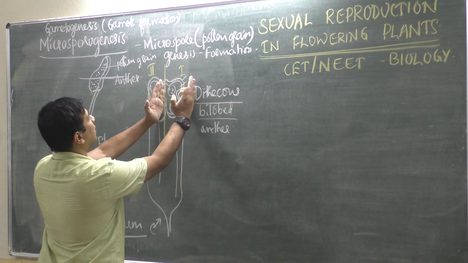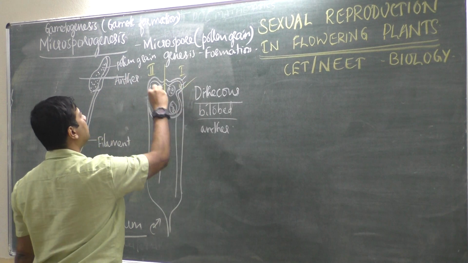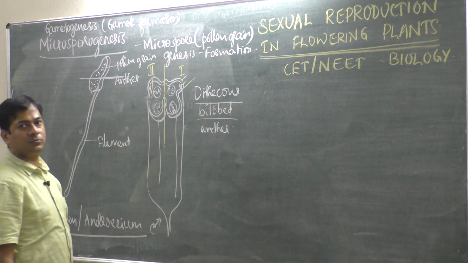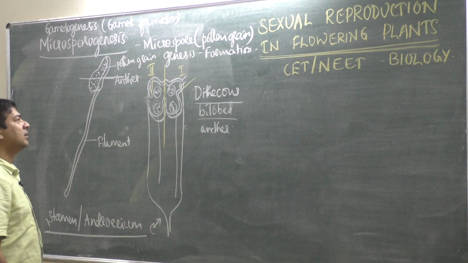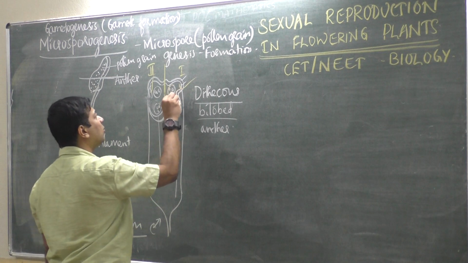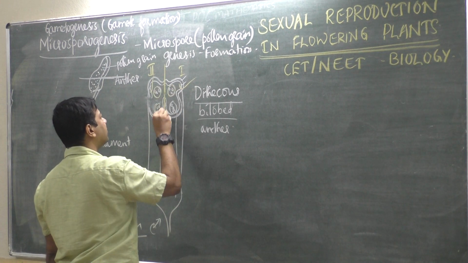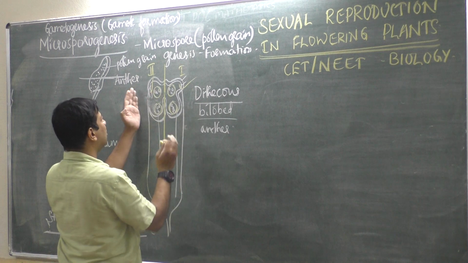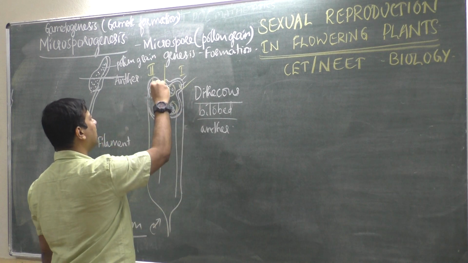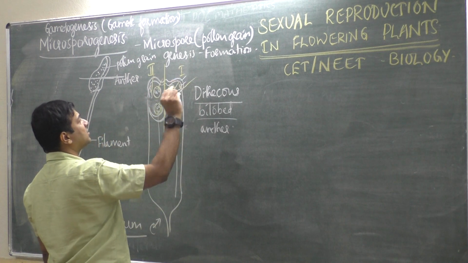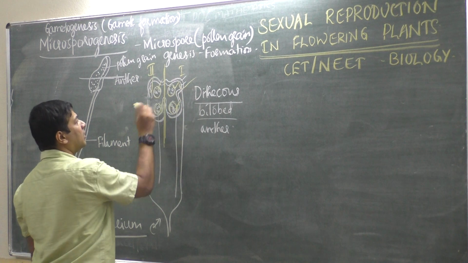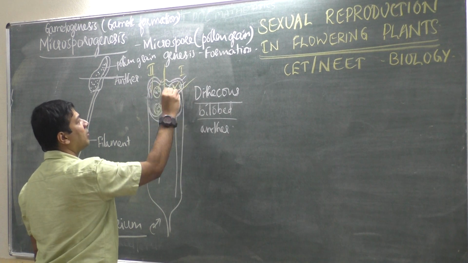This is one wing, this is the other wing. Then what are these round structures? Each lobe has two round structures. This lobe has these two, and this lobe has these two.